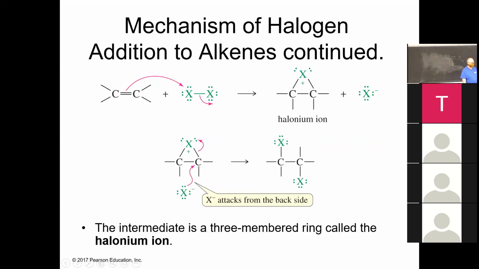And then the halide ion, the X minus, attacks from the backside. So we form a bond here, we break a bond here. It's like an SN2. Nothing happens with this bond, that's still there. But this bond broke. And because of that, the 2 halogens will be anti to each other.